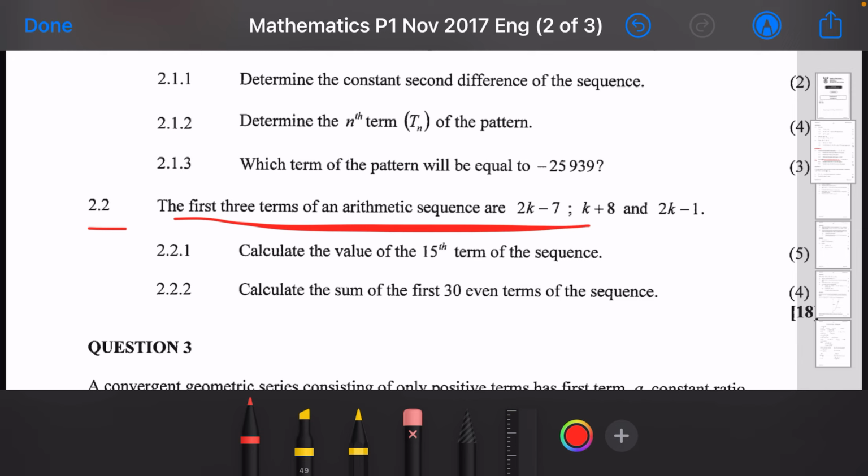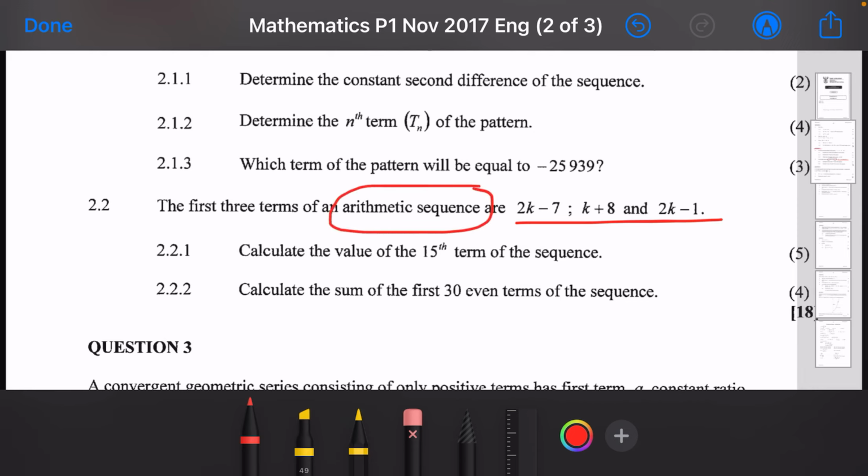It's more like they're saying which term of that pattern is negative 19. So you're going to say n is equal to term number 1, term number 2, term number 3. It's equal to 3. So this is what the question wants you to determine.